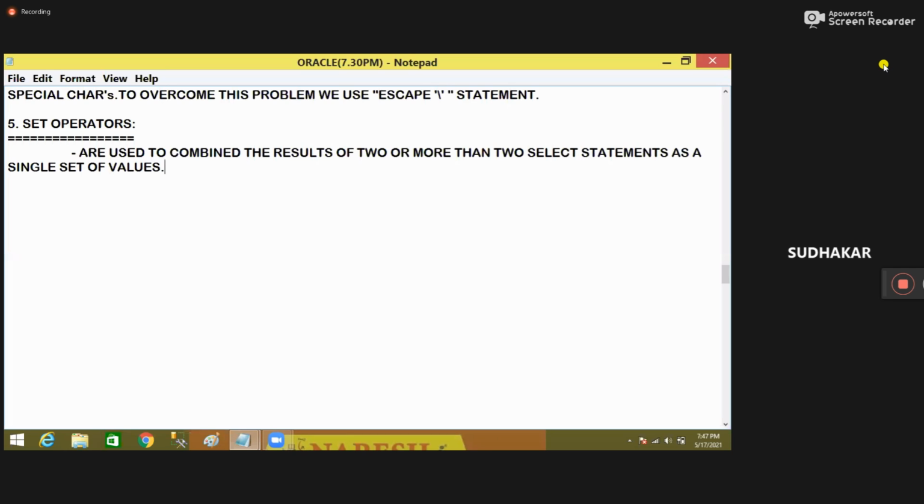And these operators are: union, union all, intersect, and minus.